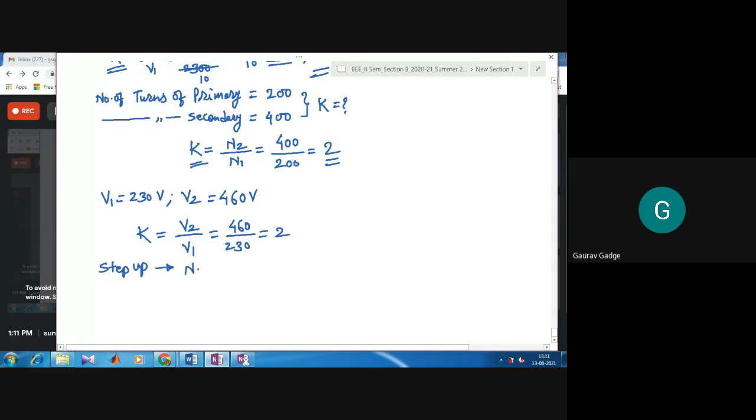Like when N1 is like we are going step up, यानी हम लोग ऊपर जाएंगे. ऊपर कब जाएंगे? जैसे प्राइमरी नंबर ऑफ टर्न्स N1 ग्राउंड फ्लोर पे है, N2 नंबर ऑफ टर्न्स आपके फोर्थ फ्लोर पे है, तो उसको हम कहेंगे स्टेप अप, यानी हम लोग आगे बढ़ते जा रहे हैं. We are moving upward, so that is step up. So when N1 is less than N2, or you can say the number of turns N2 is greater than N1, that is called step up.